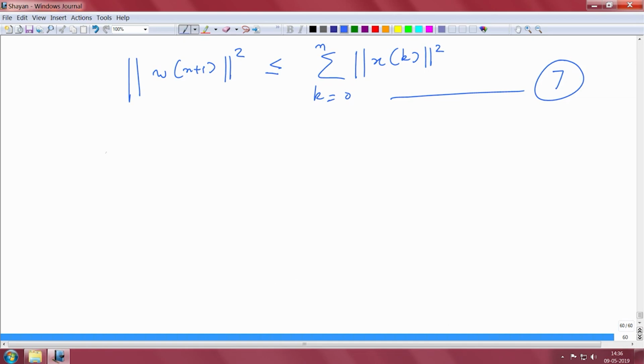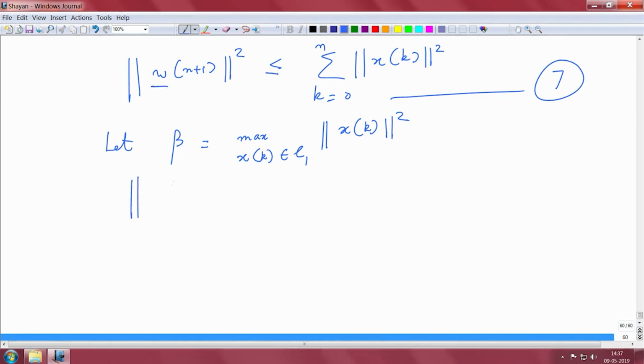So, let beta be defined as a quantity which is the maximum over all x k belonging to class C1 of norm of x k squared, right. I am choosing the maximum because I need a sort of an outer bound here.